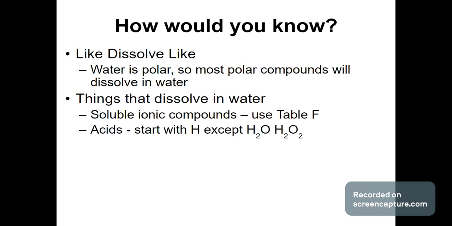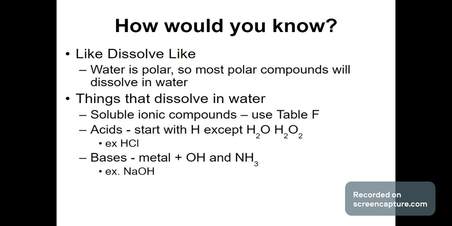Also, acids that start with H except for H2O or H2O2, where H2O is water and H2O2 is hydrogen peroxide. Except for HCl, bases with metal and OH, and NH3. Example, you have sodium hydroxide, OH is hydroxide.